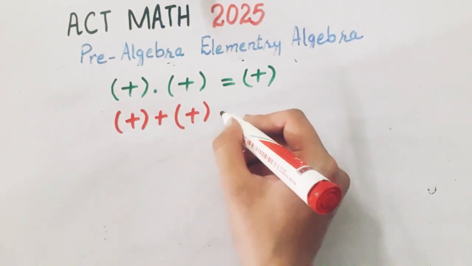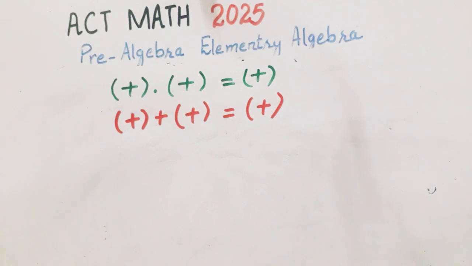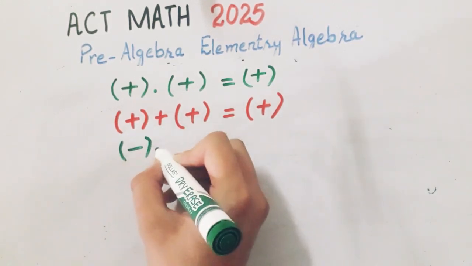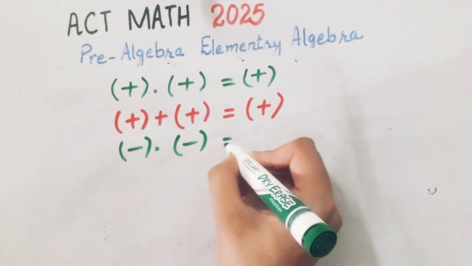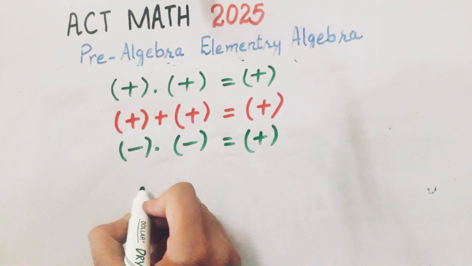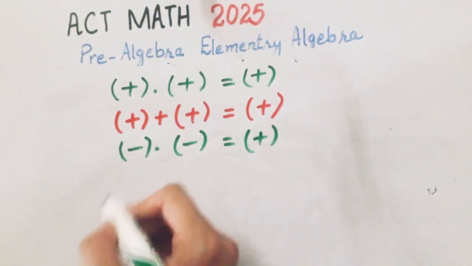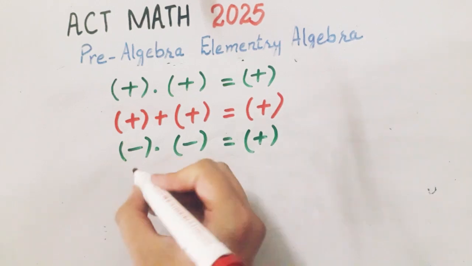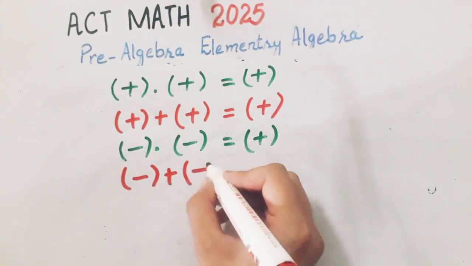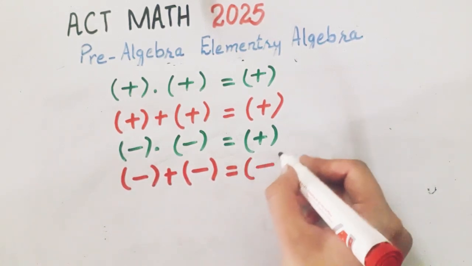When plus and plus are added, this is again equal to plus. When minus and minus signs are multiplied, the answer is plus. But when minus and minus are added, the answer is also minus.